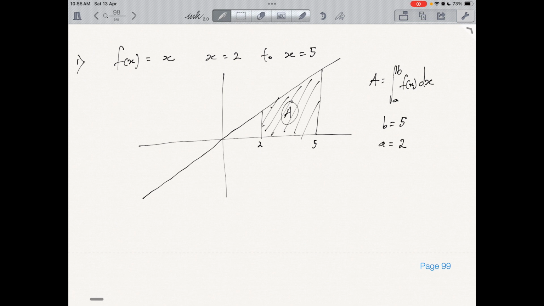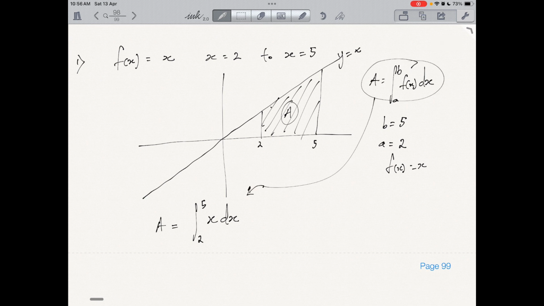And our f of x is equal to x. Therefore, our area is the integral of a, that is 2, to b, that is 5, of f of x, that is x, dx.